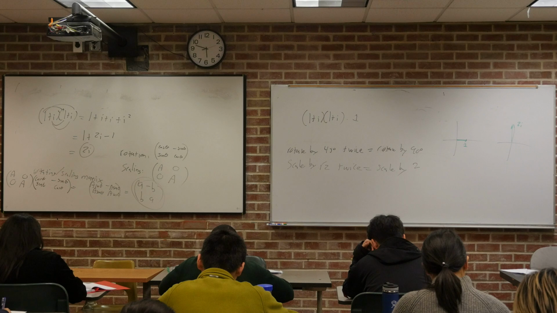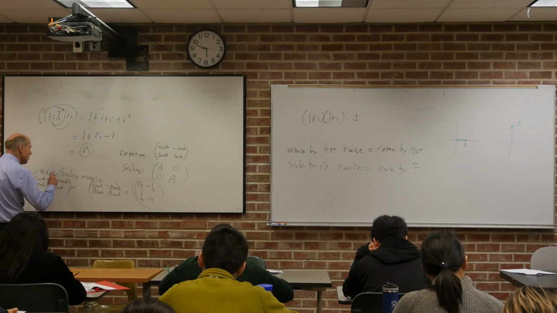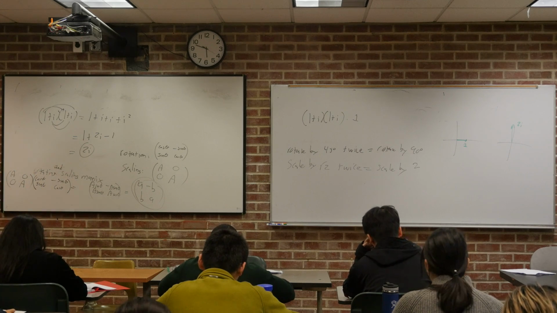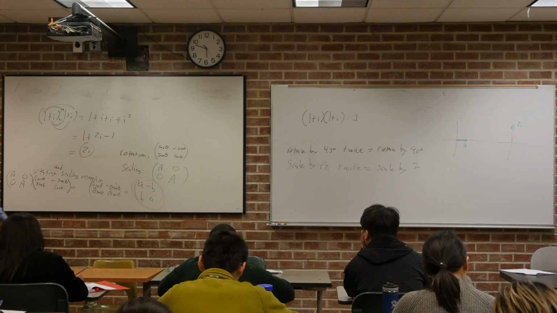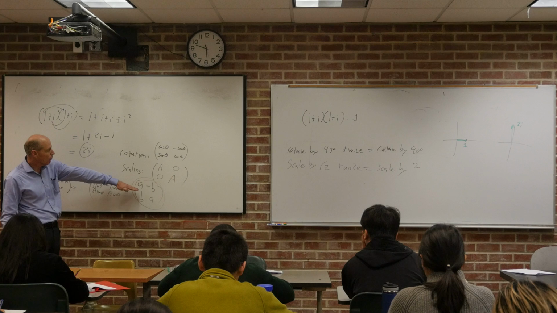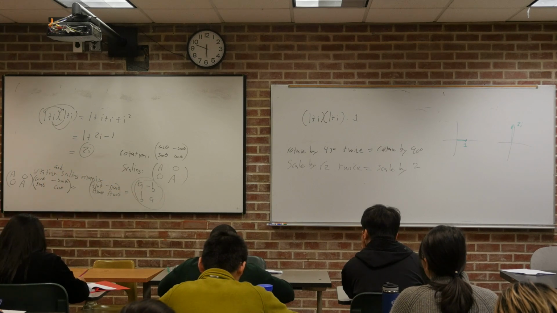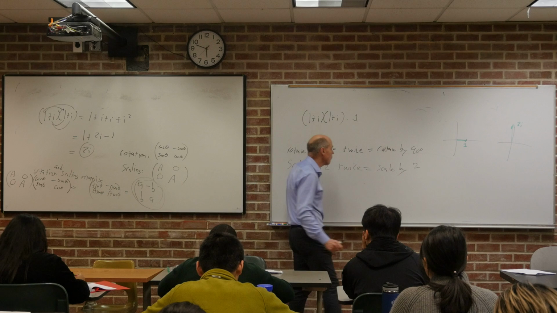Say it again? Oh, it's rotating and scaling. What I want is a matrix that rotates and scales at the same time. So the general shape of a rotating scaling matrix, one that does both at the same time, looks like this. We don't have to worry about that. We don't need the determinant to be 1.